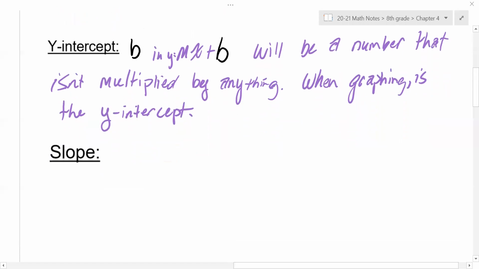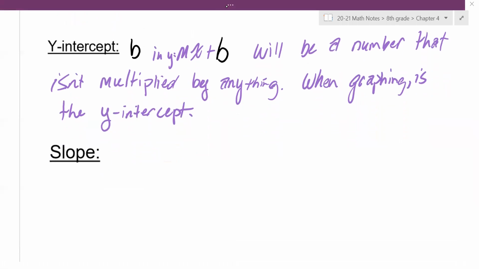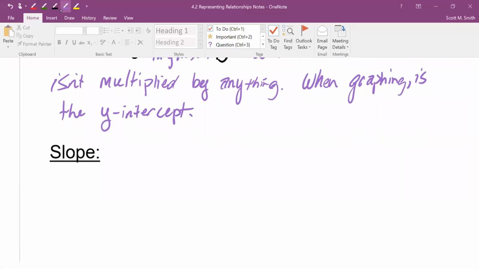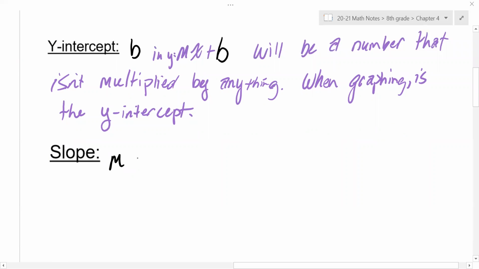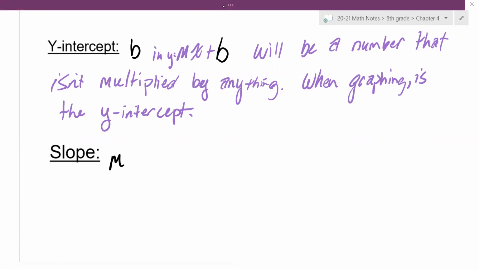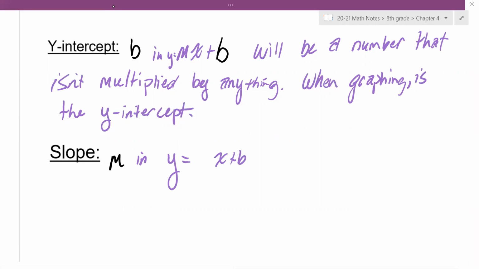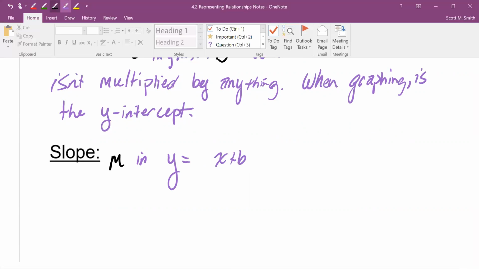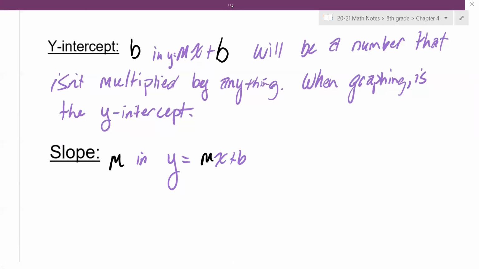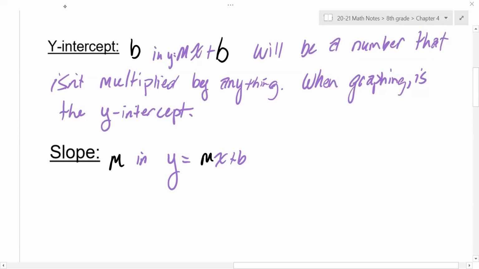Now the slope is m in y equals mx plus b of the slope-intercept form.